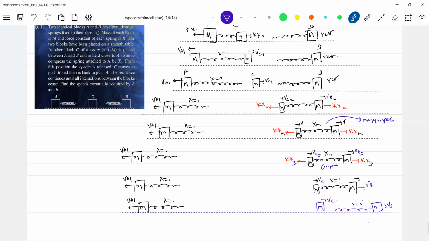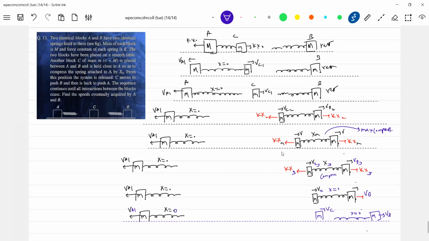He's asking that find the speeds eventually acquired by A and B. The question is about testing your basic fundamentals, nothing to do with any concept. The diagram speaks a lot. So how you apply all the things, this one, this is the final.